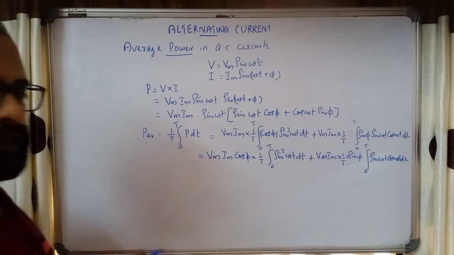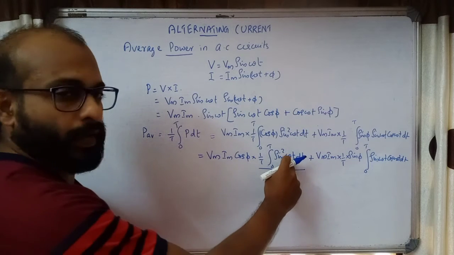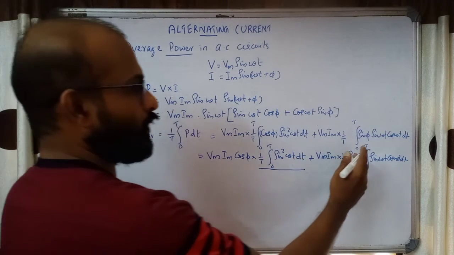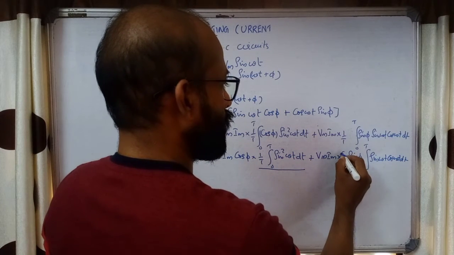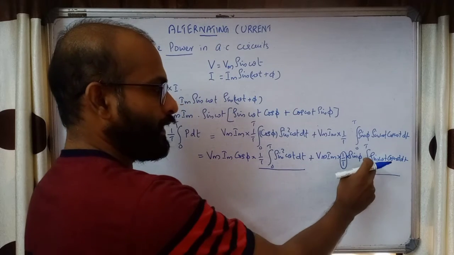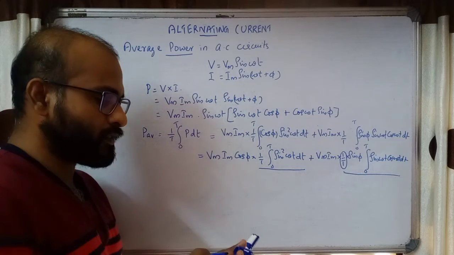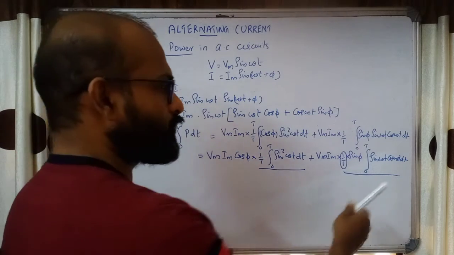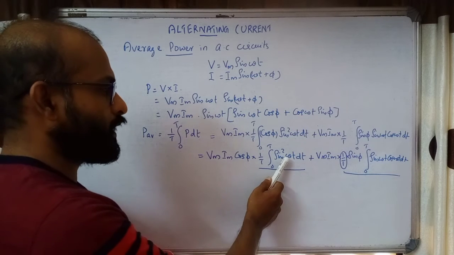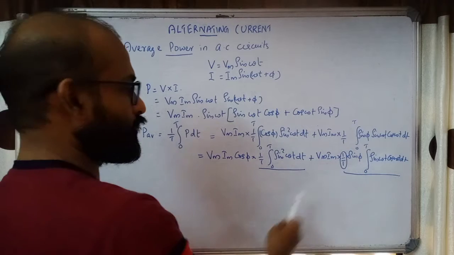In the previous class we have seen that (1/T) ∫ from 0 to T of sin² ωt dt is the average value of sin² ωt, which is 1/2. Similarly, (1/T) ∫ from 0 to T of sin ωt cos ωt dt is the average value of sin ωt cos ωt, and we have seen this average value is 0. So the second term will be 0.